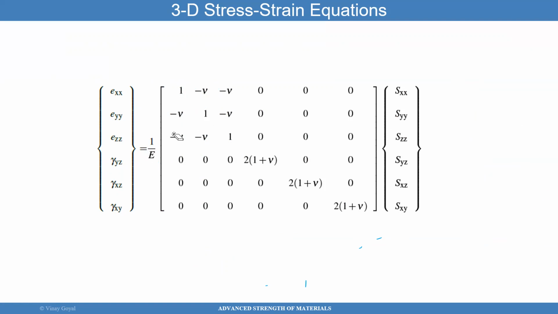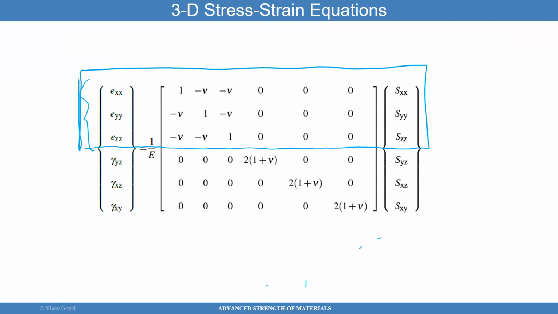I focused on the first 3 equations. This is 0 because we said that for thin plates, that is the case. So I'm focusing on those first three equations, not the last three. I'll look at that in a second, but as you know, the through thickness shear is 0 anyway.